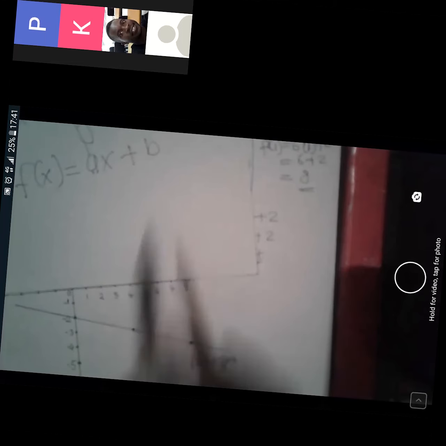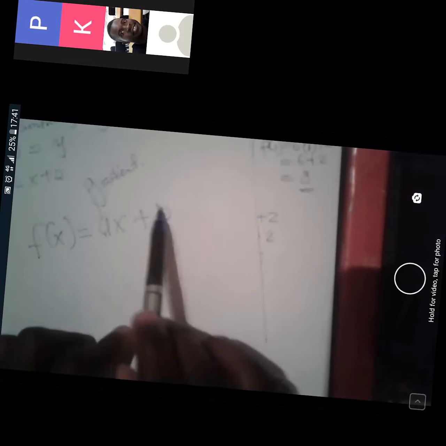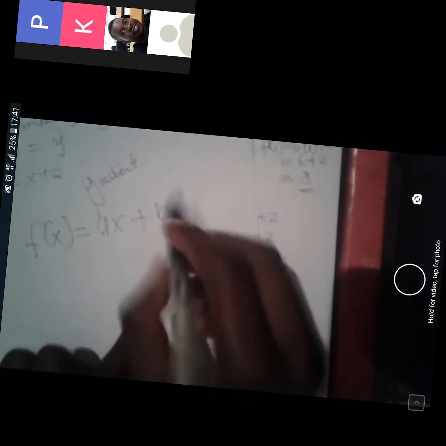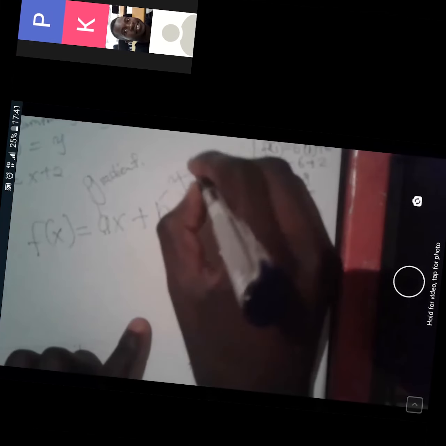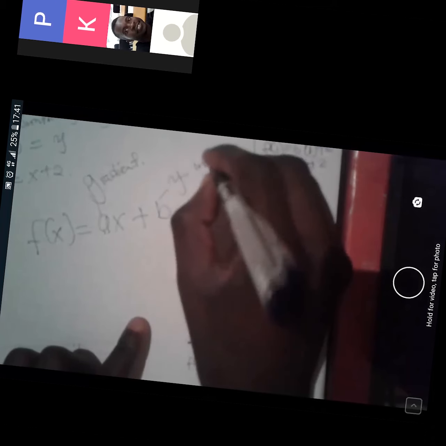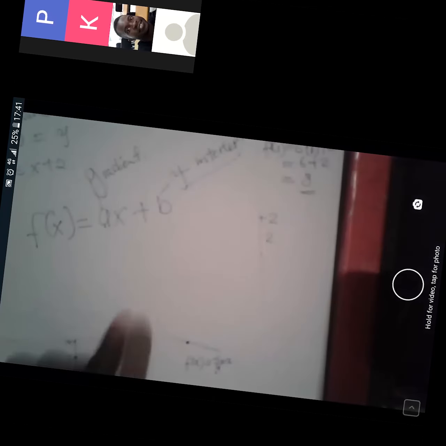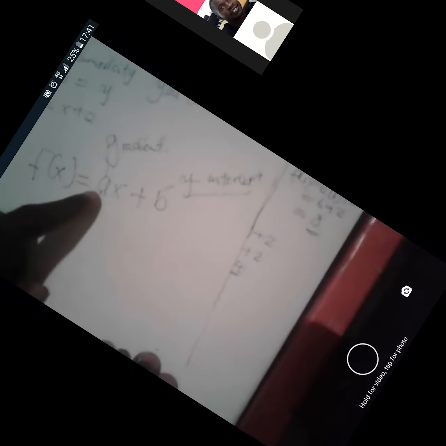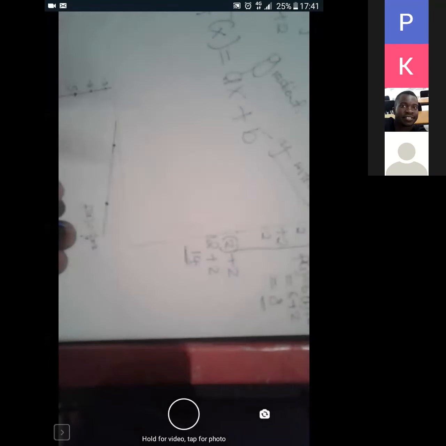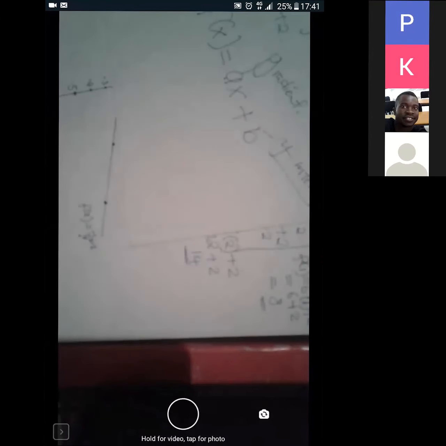So this -2, or the b in the general form of a linear function, is what you call the y-intercept. And then a is simply the gradient of the function given. b is the y-intercept.